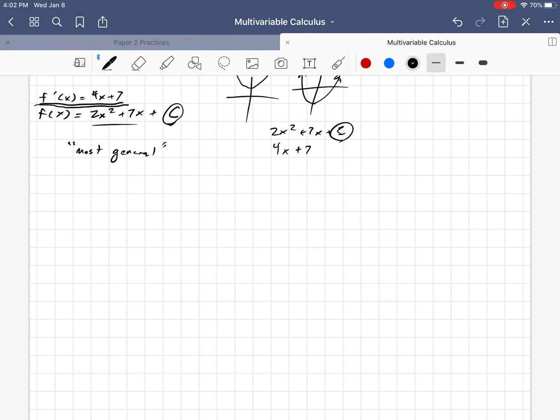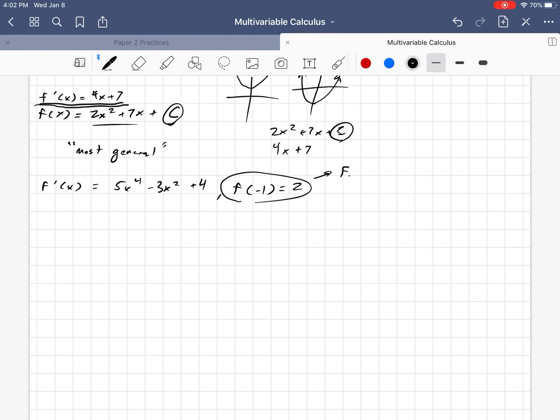Now, say, for example, I gave you some sort of initial condition, so to say. Let's say I had f prime of x equal to 5x to the 4th minus 3x squared plus 4, and I know that f of negative 1 is equal to 2.